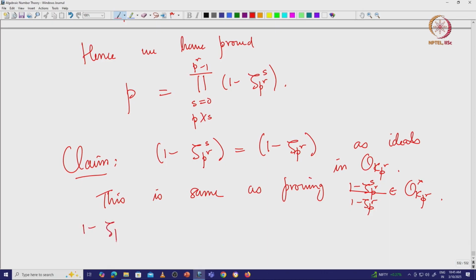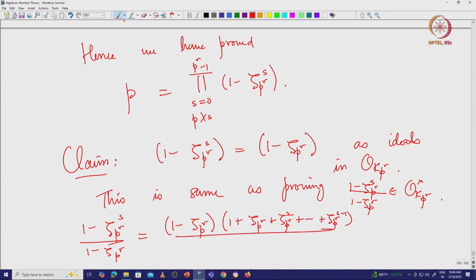So, (1 minus zeta p to the r to the s) divided by (1 minus zeta p to the r), I can write this as (1 minus zeta p to the r) times (1 plus zeta p to the r plus zeta p to the r squared and so on up to zeta p to the r to the s minus 1) divided by (1 minus zeta p to the r), and you cancel these two, they are non-zero, and this belongs to O_K(p^r).